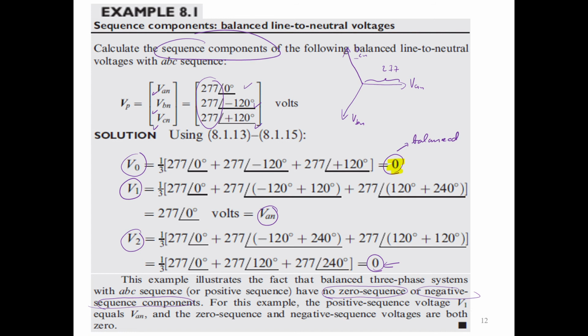For this example, the positive sequence V1 is just equal to VAN. So once you know VAN, you just add the angle shift of 120 to get VBN and VCN.